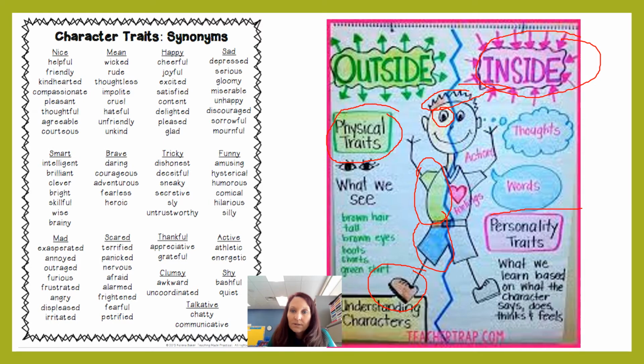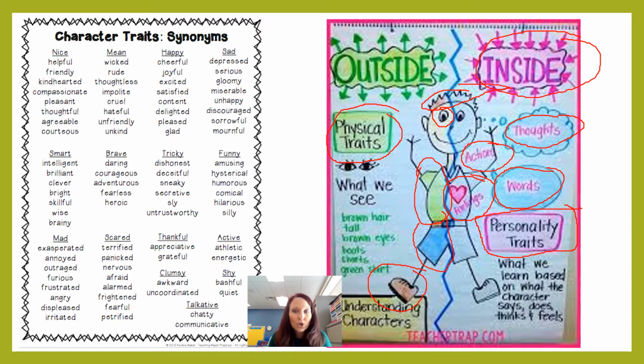These are called personality traits. That is what a person is thinking, and the things that they do that we can't really describe by what we see on the outside. We would describe that as a personality trait because that's how they are on the inside. That would include their thoughts that they're having, maybe words that they say, maybe the feelings on the inside, and their actions.